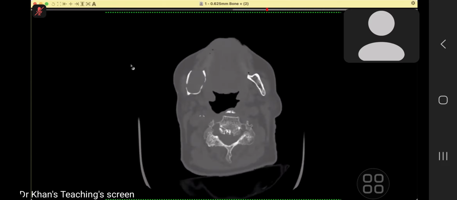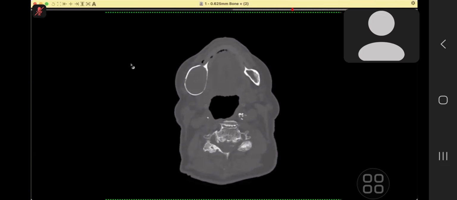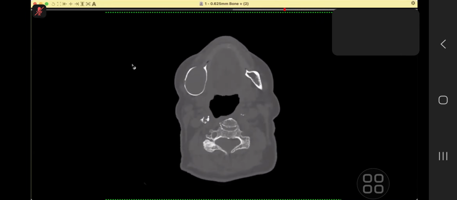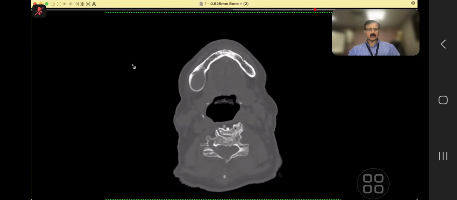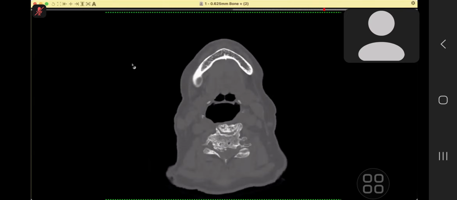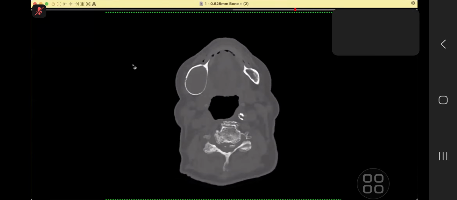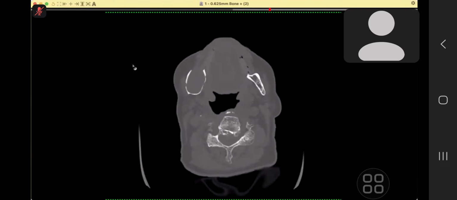So this is a further CT scan. Okay, so can I see the sagittal sections? I want to see the relation of this lesion with the tooth. So you tell me the relation on this axial.